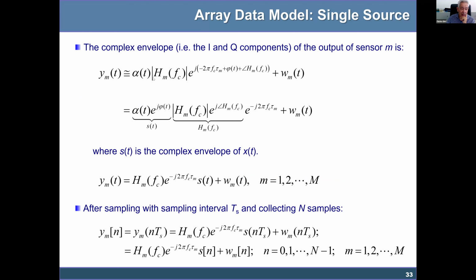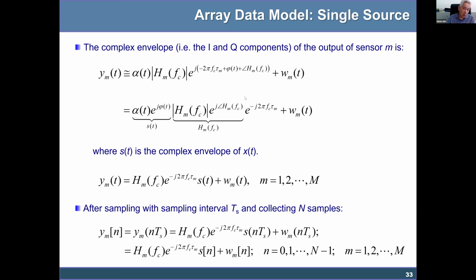You have alpha of t, the gain or attenuation introduced by the sensor, which is the modulus of the frequency response of the M sensor at the frequency Fc. Then you have the phase shift induced by the delay.